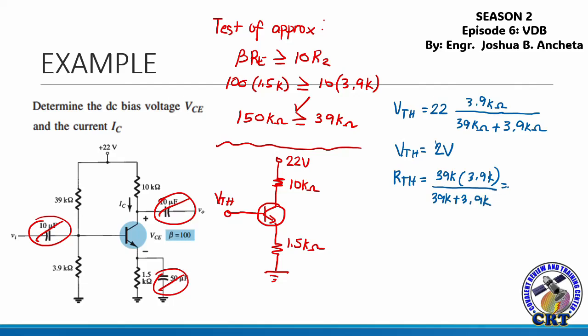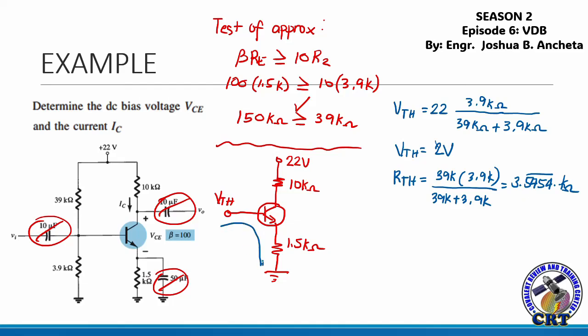The equivalent of that is 3.54 kilo ohms, with 54 repeating.